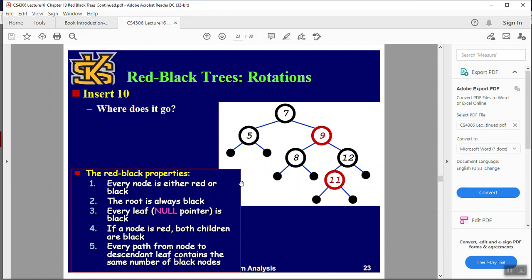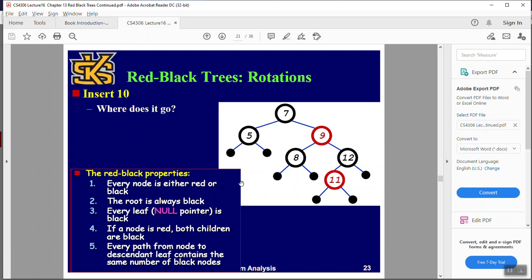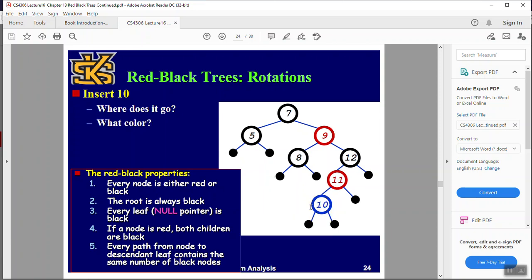Okay, so now let us insert 10. So 10, where will it go? As 10 is less than 11, it will go to the left side. For now, initially let us make it blue and then we will color it. So now what color will it be? It cannot be blue, right?